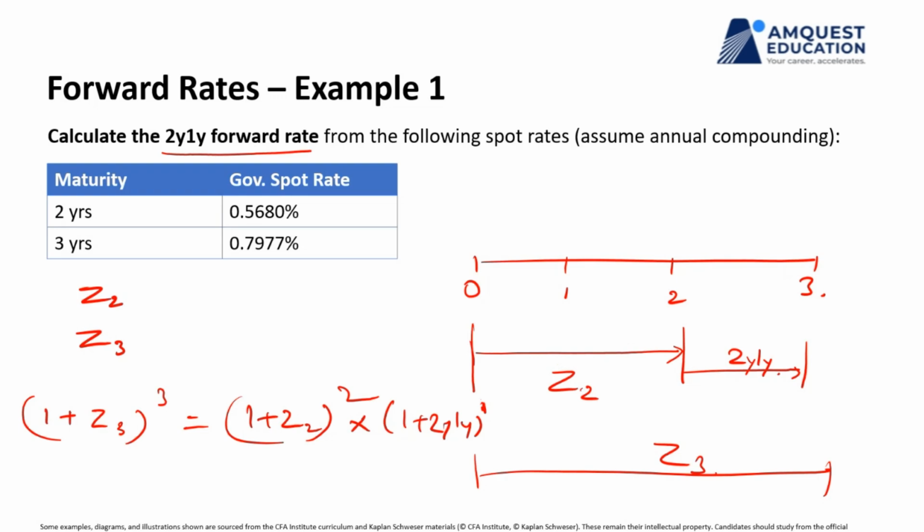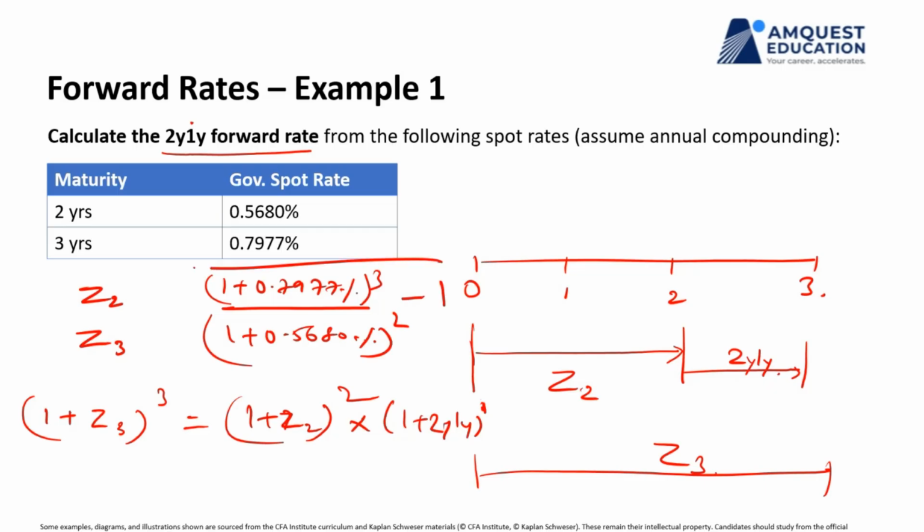So you could have done this also, but we need to calculate 2y1y. So we are going to plug in this raised to the power 3, 5.680% raised to the power 2 minus 1, and this equation should give you your 2y1y.